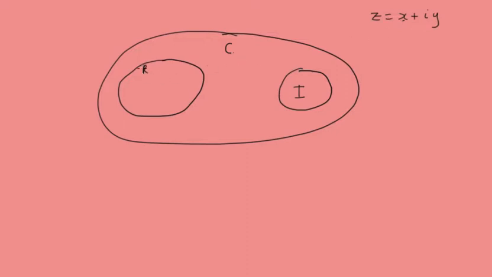The real numbers is when y is equal to 0, z is just going to be equal to x. Then we've got our set of Q, rational numbers, so these are all our fractions.